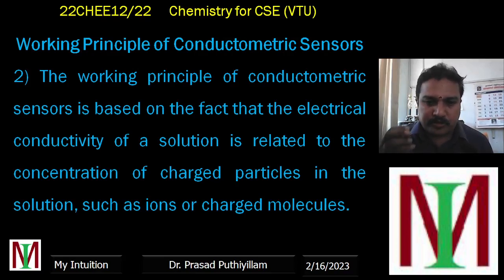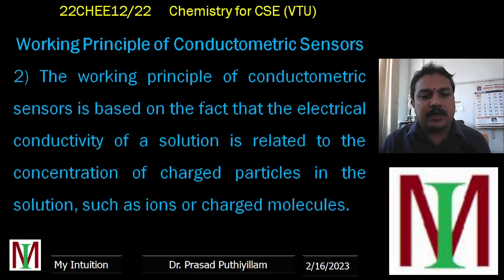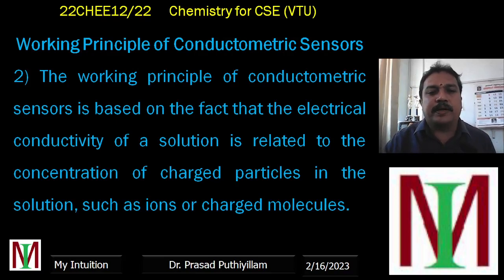If a positive charge is given to an electrode, then the negatively charged ions will go near that positively charged electrode. Therefore, there is a movement of ions. Movement of ions creates the movement of electrons, so it is a conduction. Even charged molecular movement can be detected by using the conductometric sensor.